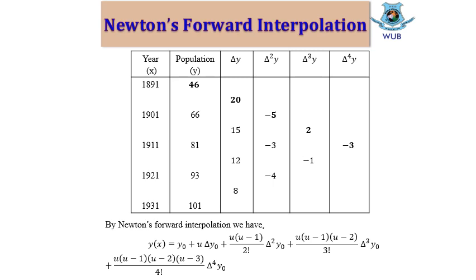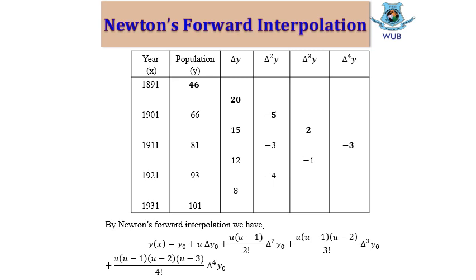Then we find the differences del y, then del square y, then del cube y, and del to the power 4 y. When we just get one single value, at that time we terminate the table, or we just stop our calculation.